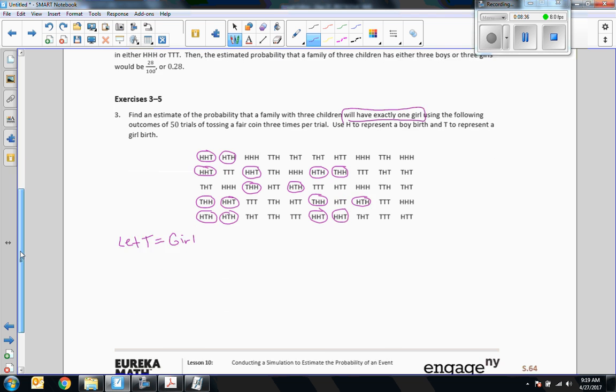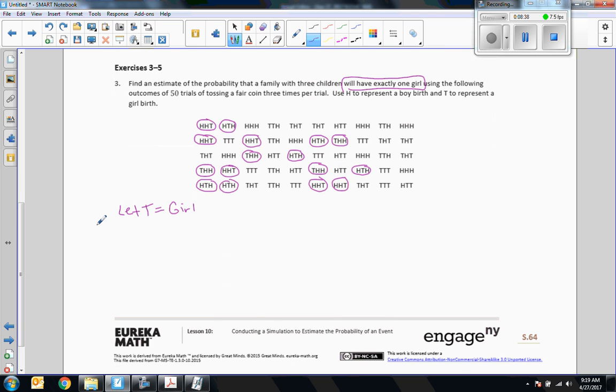Then I count them: 1, 2, 3, 4, 5, 6, 7, 8, 9, 10, 11, 12, 13, 14, 15, 16. So the probability of 1 T equals 16 out of the total number of trials.